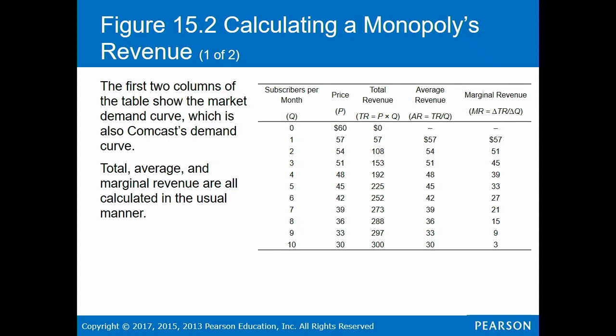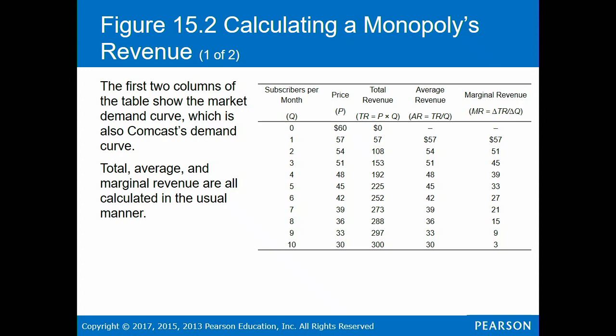The reason we see the marginal revenue, and we look at this, at 1 unit, they're all the same, they're all 57. But when we go to the second unit, the price is $54, the marginal revenue is only $51. So the revenue they're getting from that second unit they're selling is only $51 instead of 57, so a little bit less.